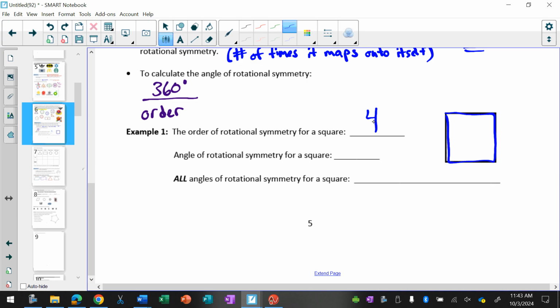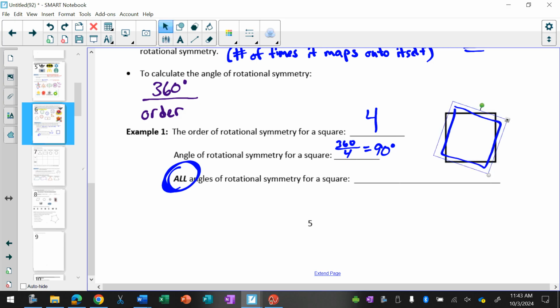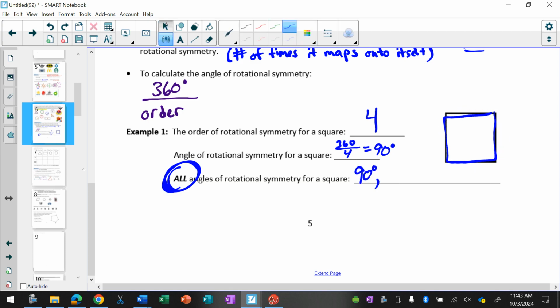The angle was found by doing a full spin of 360 divided by those 4 positions. Means I have to turn it 90 degrees so that maps back onto itself. To list all the angles, that means I would have to do 90, and then 90 degrees more means I've gone 180 degrees from the very beginning.